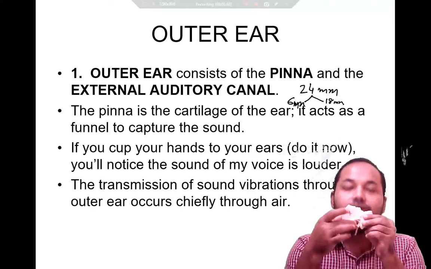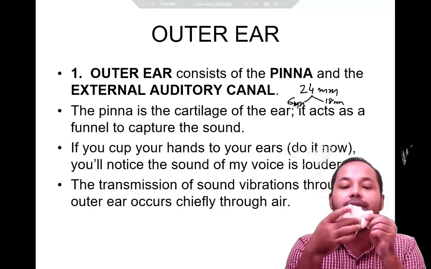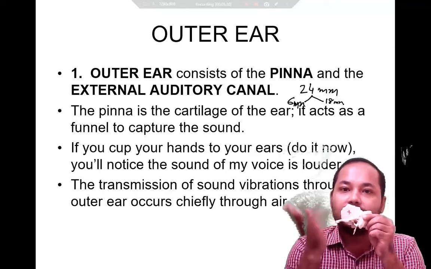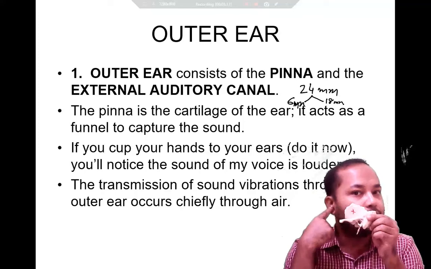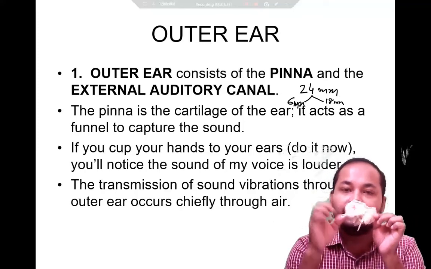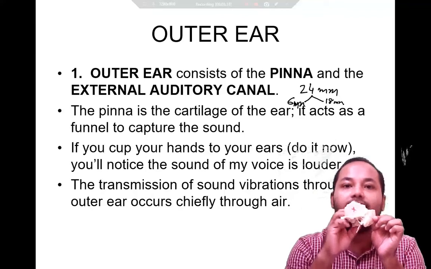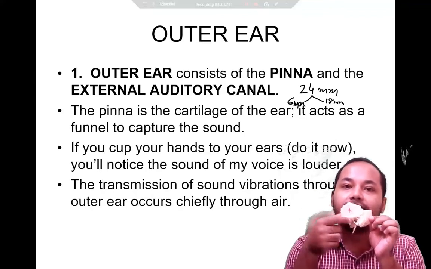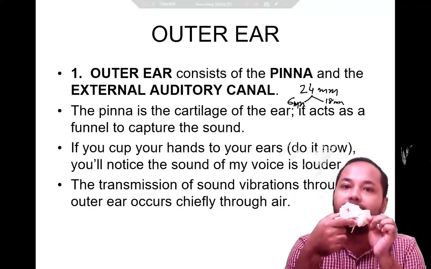The cartilaginous part is there in a living body, but when you take out the temporal bone which is holding the whole of the ear, then it has the bony part, starting from the bone itself, and it is 18 millimeter in size.